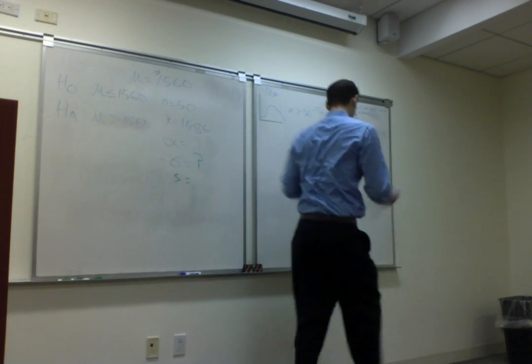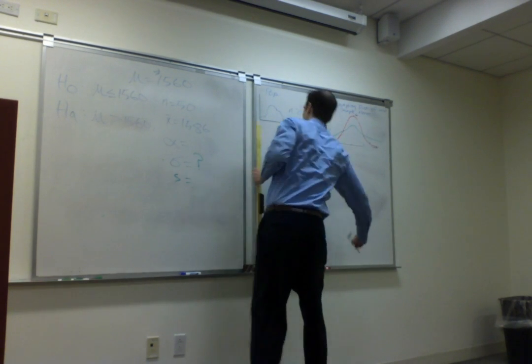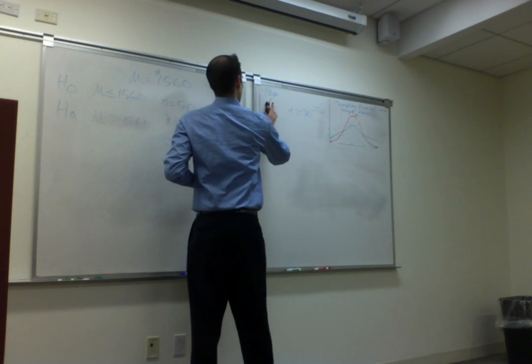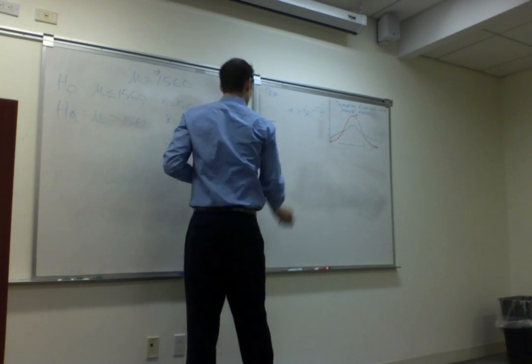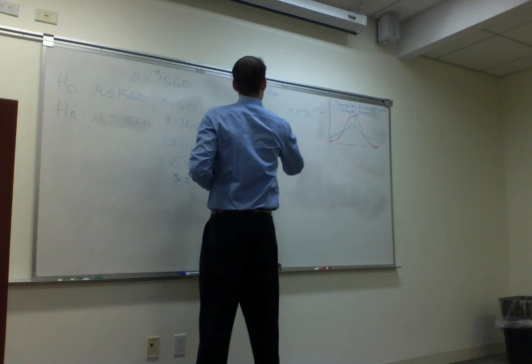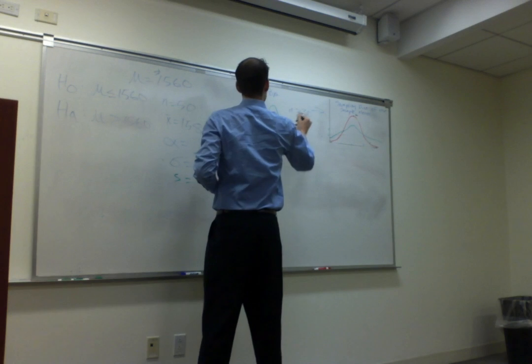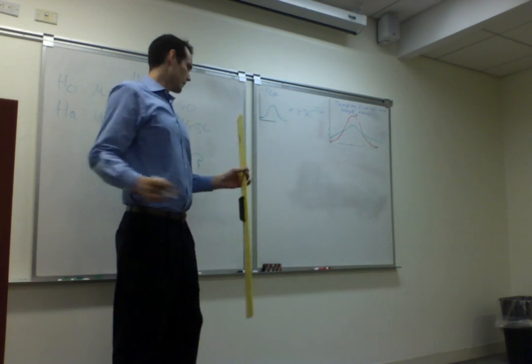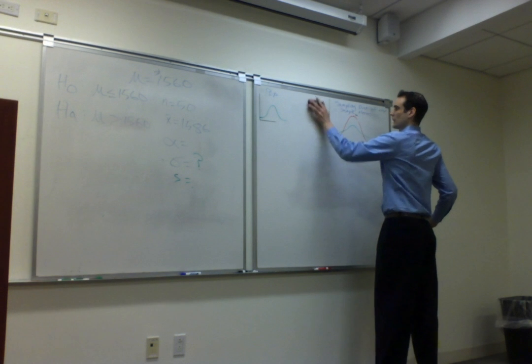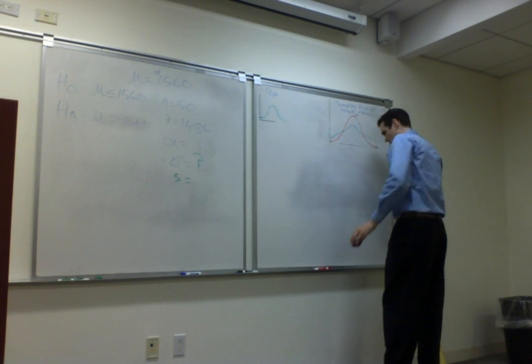So instead of this not normally distributed population, I'm going to say that this population that we took these samples from was itself normally distributed. And then I don't have to worry about the appropriate sample size.